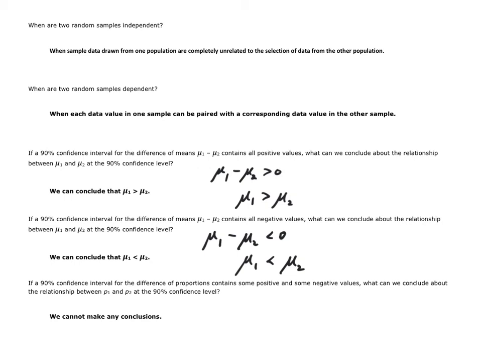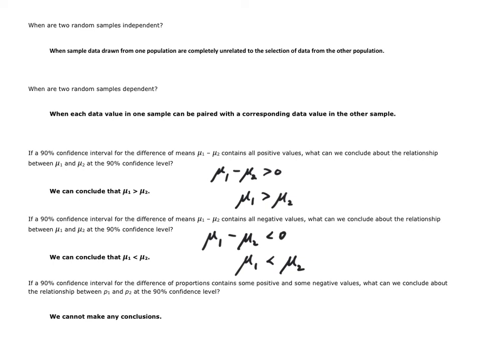If your confidence interval contains positives and negatives, you can't make any conclusions, because 0 is between positives and negatives, so you can't make a claim one way or the other.